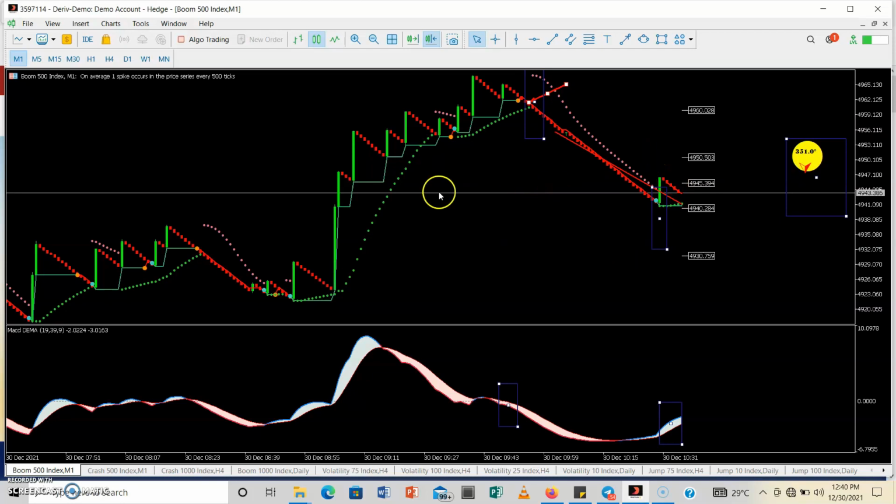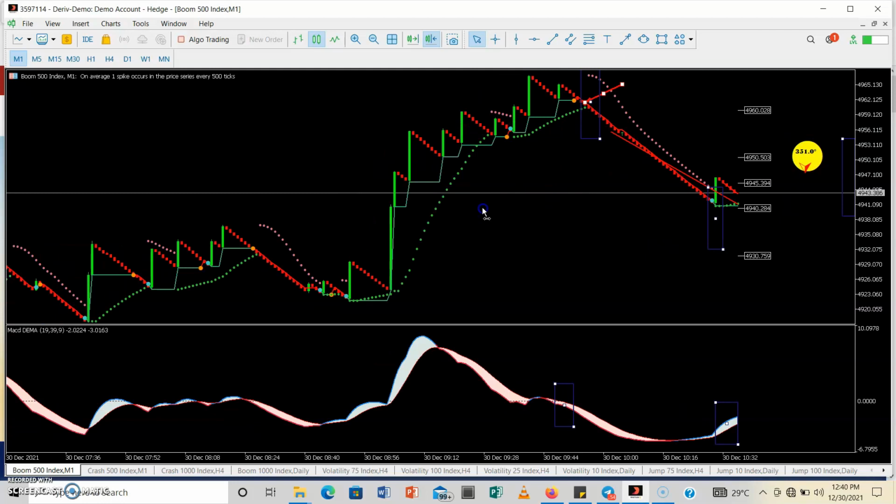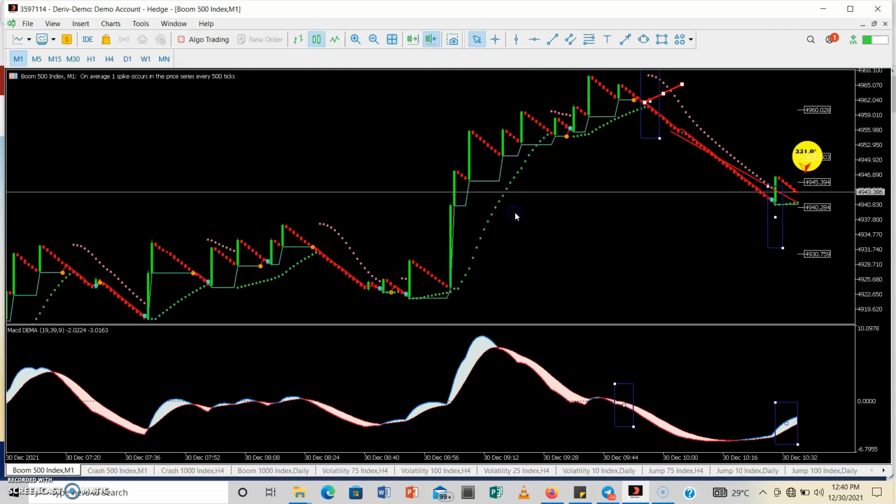So let's take a look at the previous data. I know most of you guys don't really like to look at this because you say it would have repainted, but this is a 100% non-repaint indicator, right? Which means that what you see on your charts will not change.